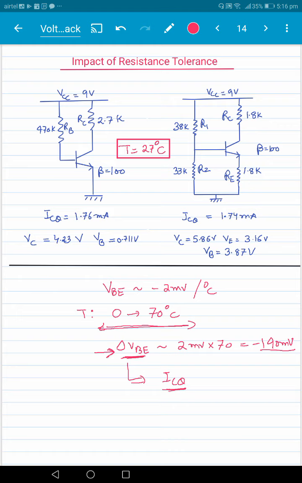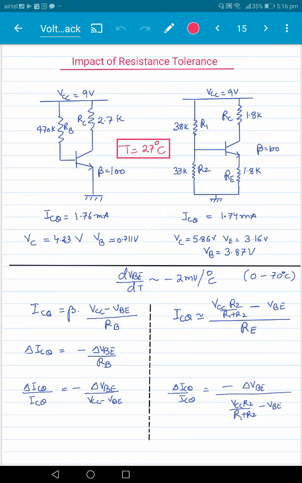The base emitter voltage is not a fixed quantity, it will change with temperature. And as the base emitter voltage changes, ICQ will also change. So how do the two circuits, circuit 2, the voltage divider bias, and circuit 1, compare with respect to changes in delta VB? So let's look at that.